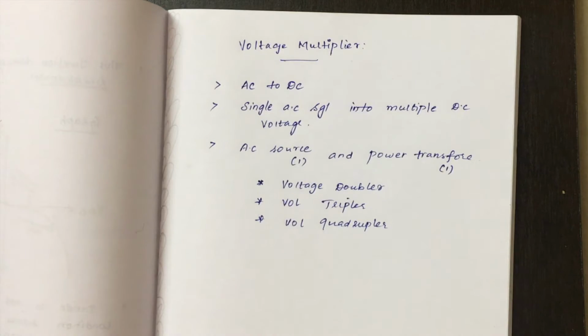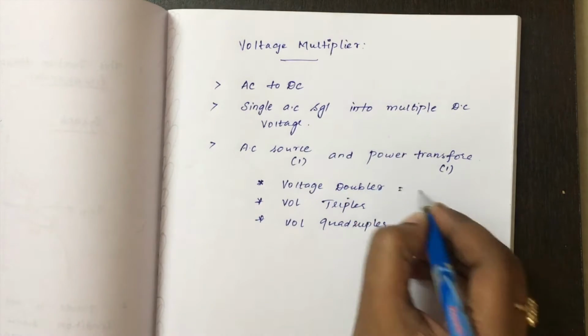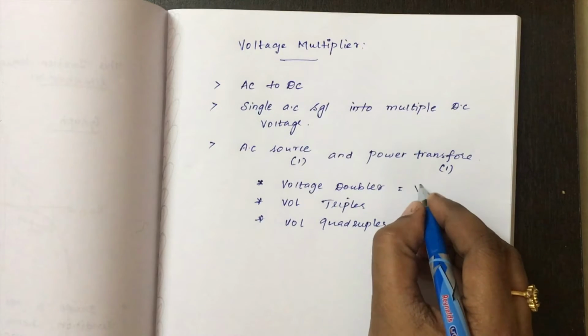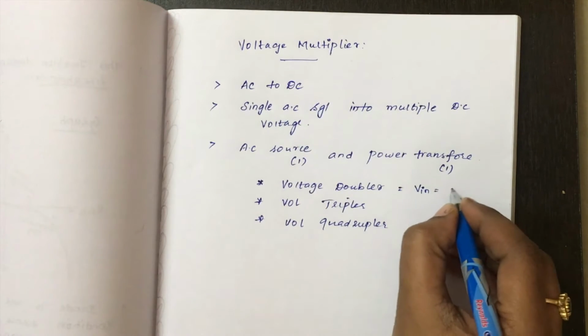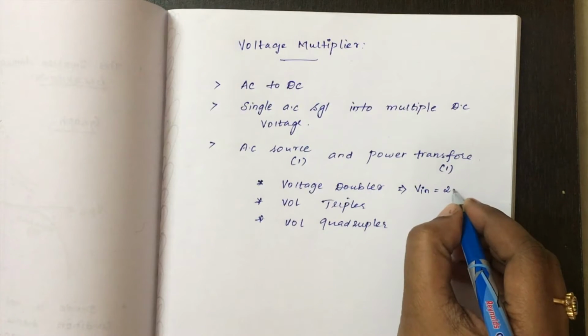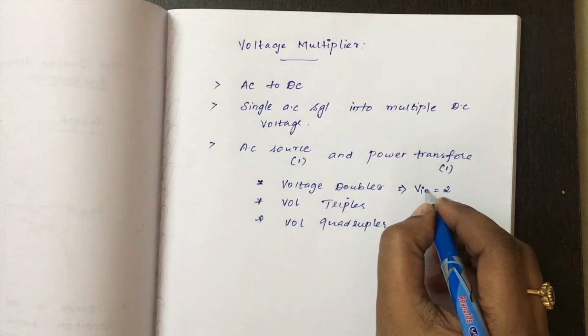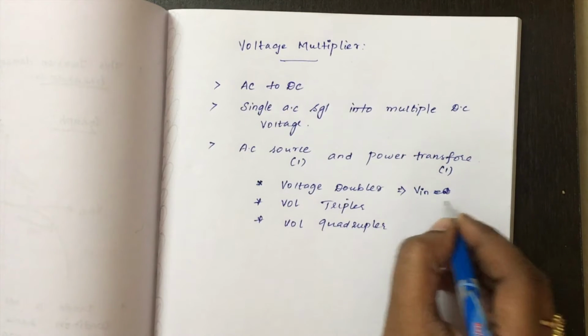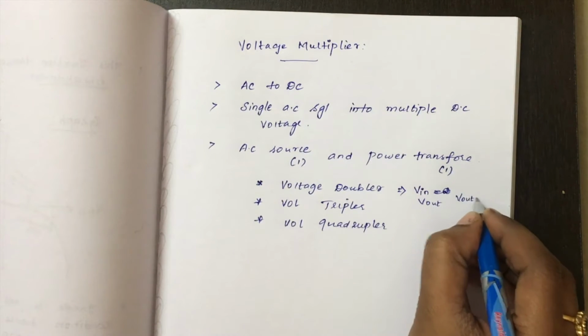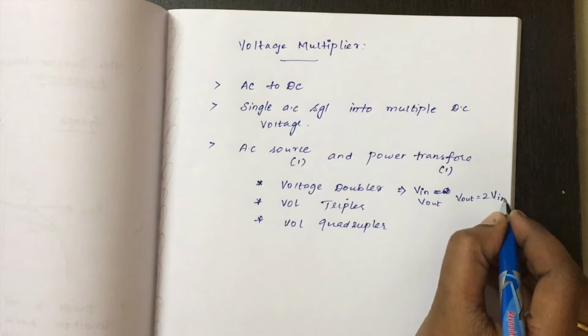The output will be double or twice the given input. Say the given input is V in and the output is V out, then the output will be twice the input signal.